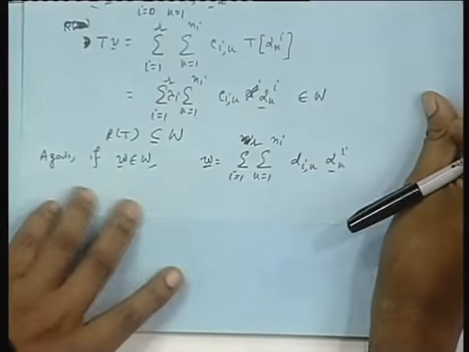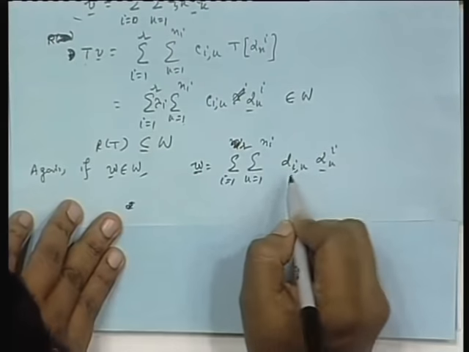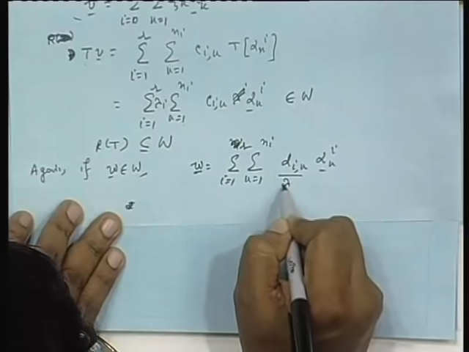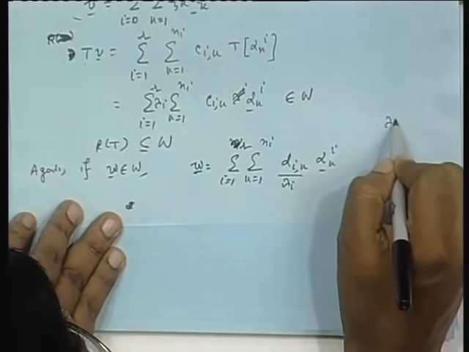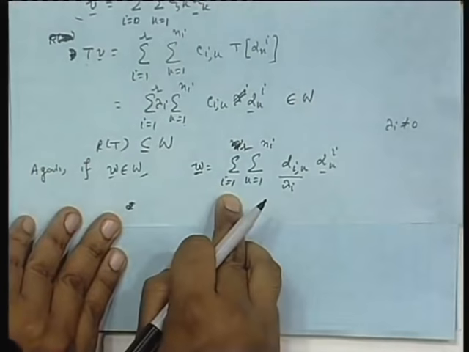Any vector belonging to capital W can be written like this. But you see, I can also write this, I can simply divide by lambda I, because lambda I is not equal to 0. The 0 eigenvalue case has been separated out. Here I starts from 1.